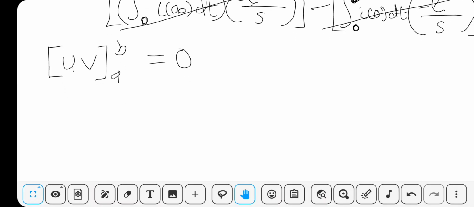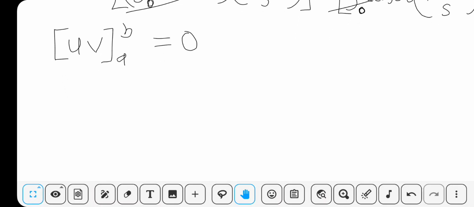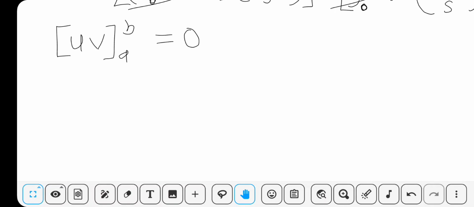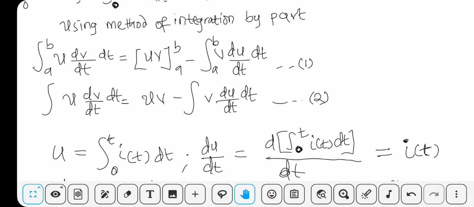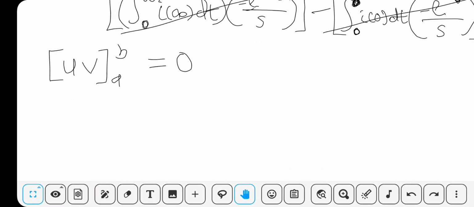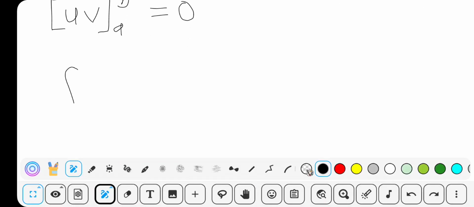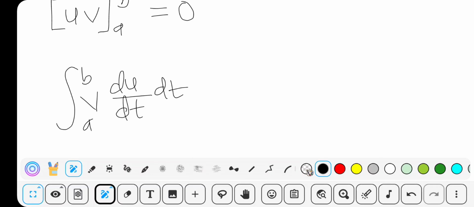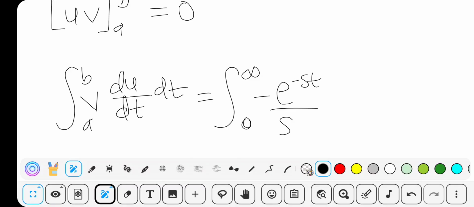So now let's find that. That will give us the integral of v du/dt dt, which is equal to the integral from 0 to infinity of minus e^(-st) over s times i(t) dt.